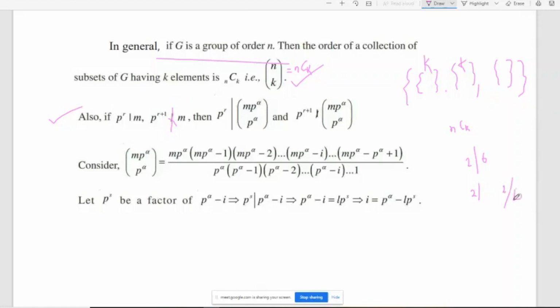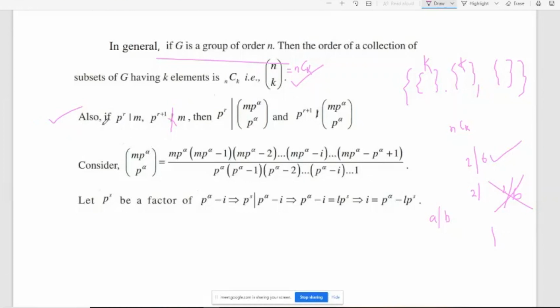You are not supposed to write it slanted; the correct notation is a straight line. A divides B means A, straight line, B. So like this only it has to be written. All these others are wrong. It should not deviate. It should be just a straight line.